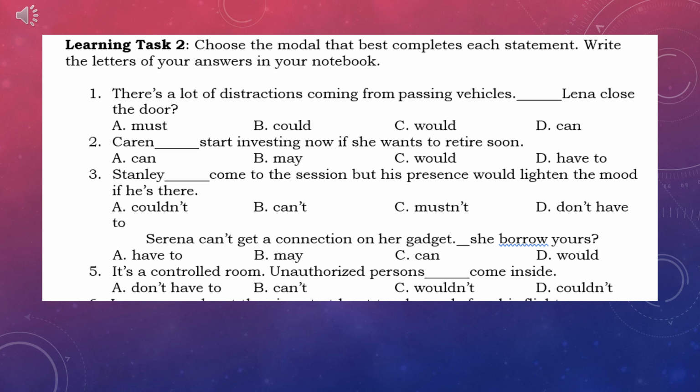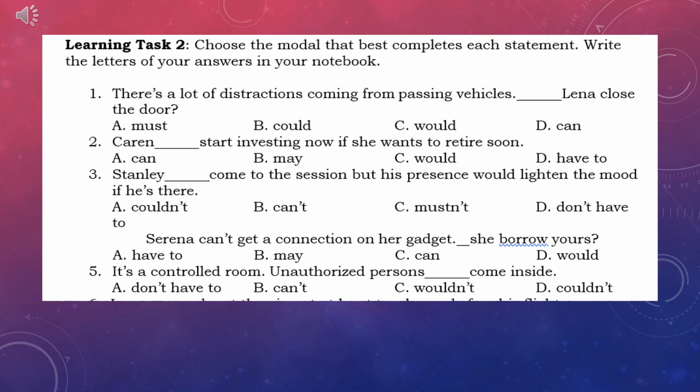Okay, number 2. Karen blank start investing now if she wants to retire soon. Is it A, Karen can start investing now? B, may start investing? C, would start investing? D, have to start investing, or has to start because that's Karen, singular. So what's the correct answer? It's letter D. Karen has to start investing now if she wants to retire soon.